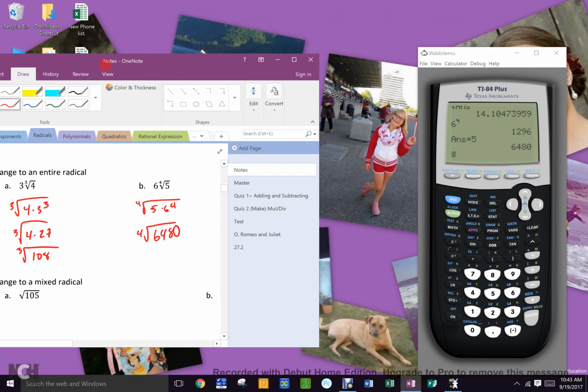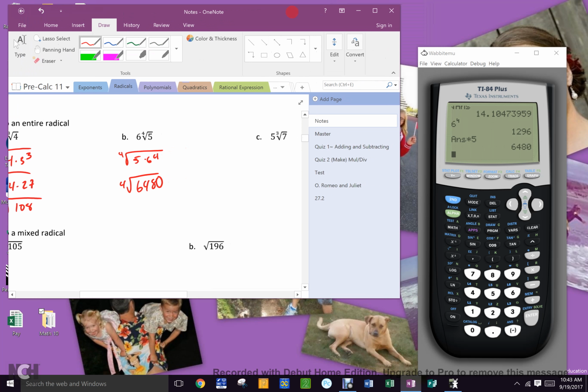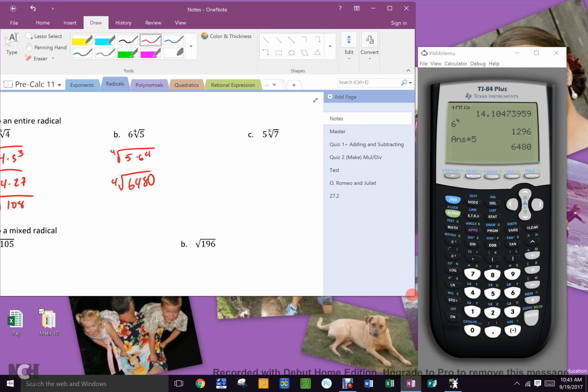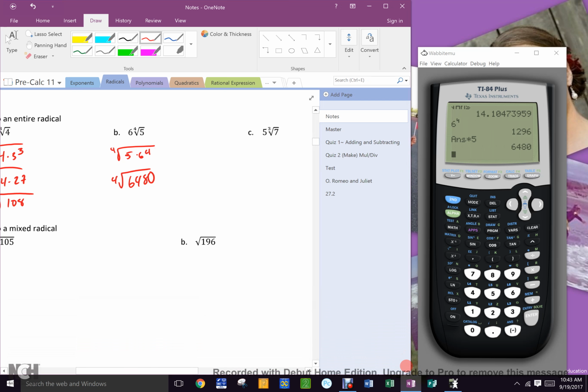I'm actually going to get my calculator out and visible here. That is the cubed root of 7 times 5 cubed, which is the cubed root of 7 times 125, which is the cubed root of 700.